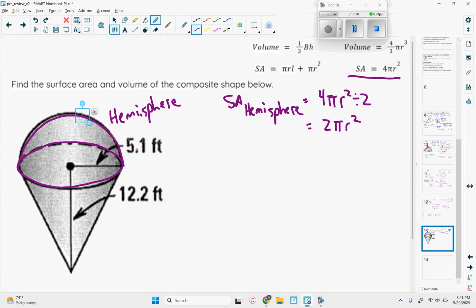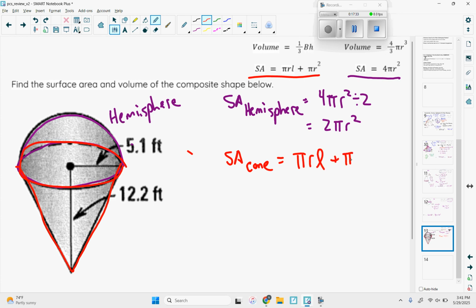So that is the top of my composite shape. The bottom of my composite shape is a cone. So how do I find the surface area of a cone? Surface area of a cone is this formula, pi rl plus pi r squared.